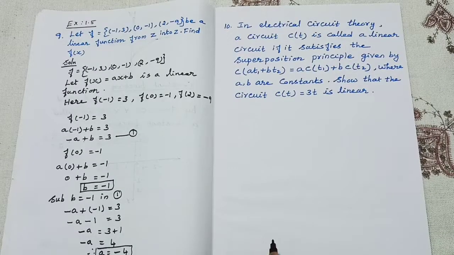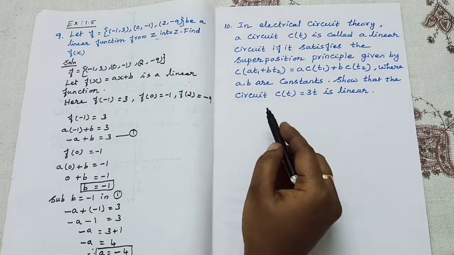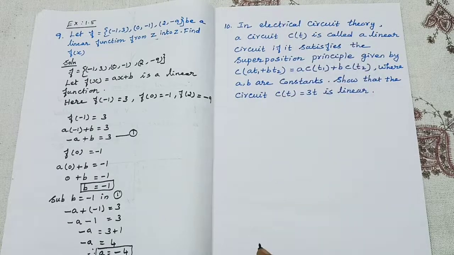Next, one more question. 10th one. In electrical circuit theory, a circuit C of t is called a linear circuit if it satisfies the superposition principle given by C of at1 plus bt2 is equal to a C of t1 plus b C of t2, where a, b are constants.